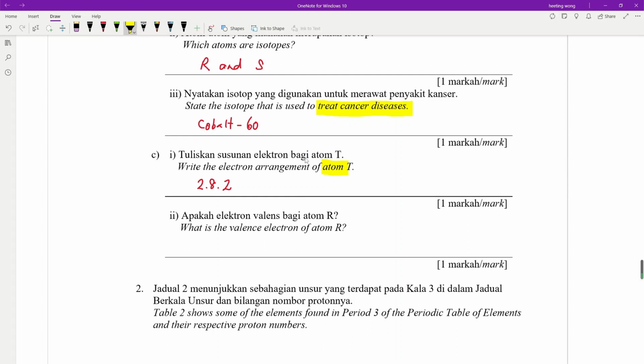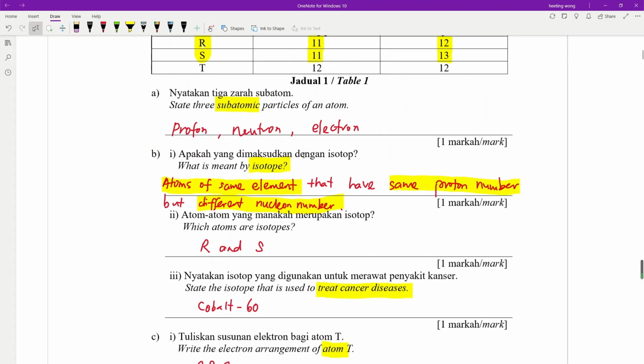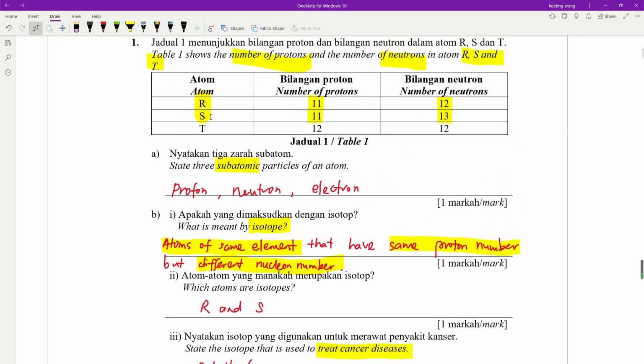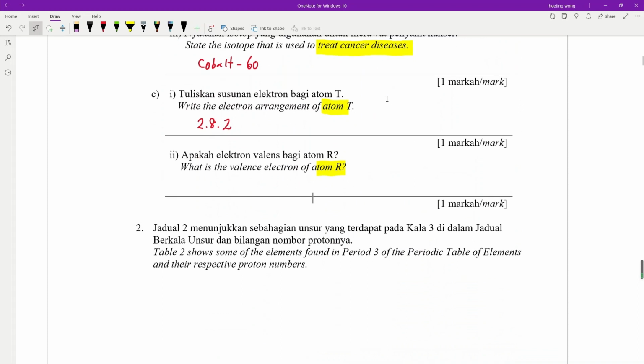Atom R here is 11 protons or 11 electrons. So electron arrangement should be 2, 8, 1. But the question asks you the valence electrons. Valence electrons is the electrons at the last shell, so it should be 1.